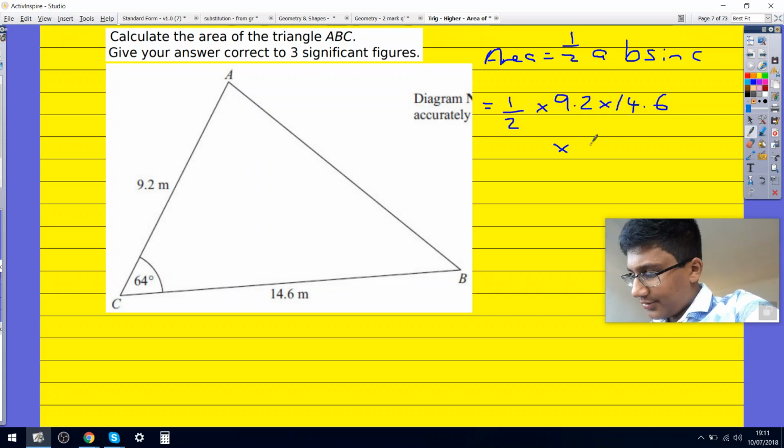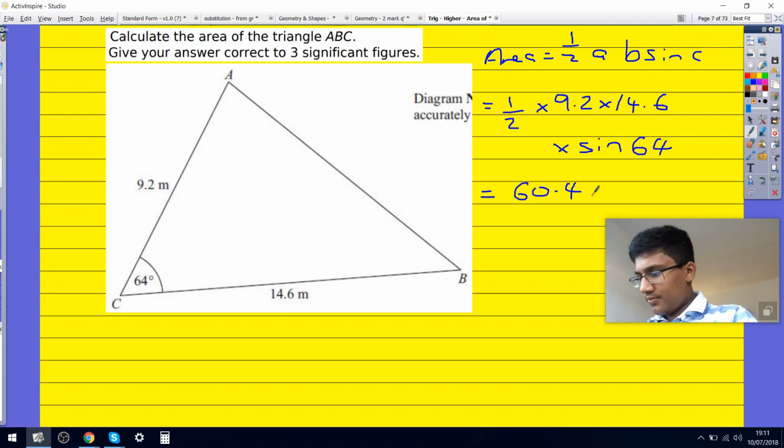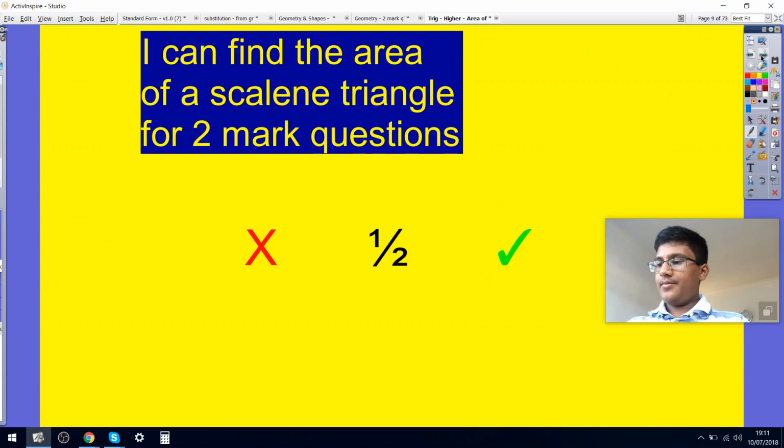I'll type that in again: half times 9.2 times 14.6 times sine 64. That gives us 60.4 to 3 SF. And it's the area of the triangle, so it's meters squared. 60.4 meters squared. Any questions there? No, that's fine. So that's a half tick, area of a scalene triangle.